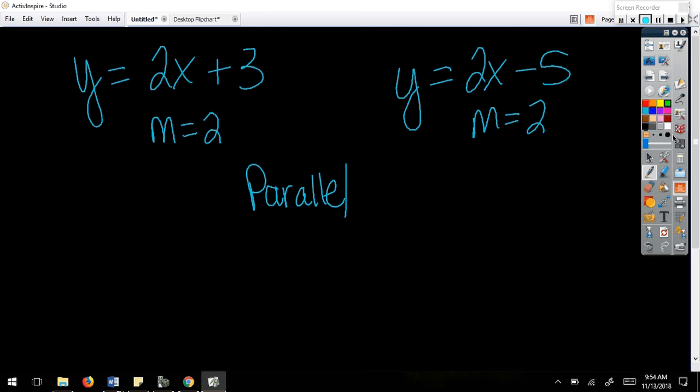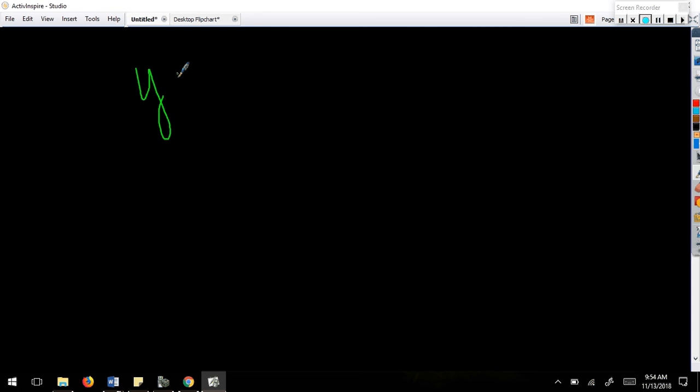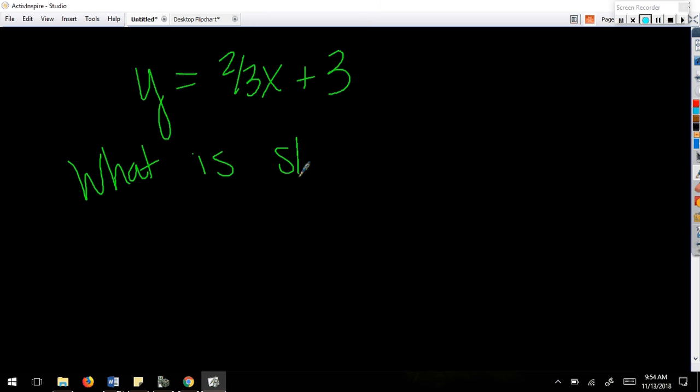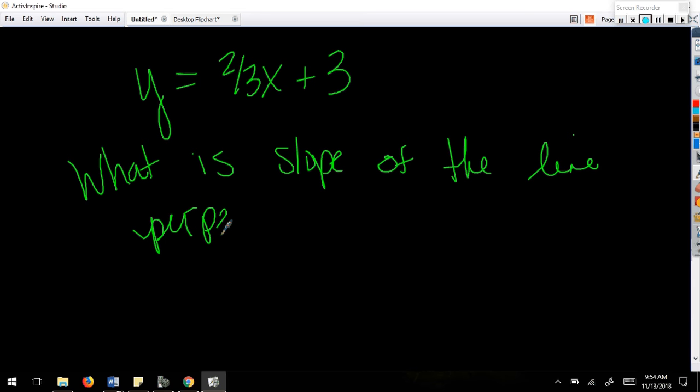Tell me this. I have a line like this. What is the slope of the line perpendicular to this one?